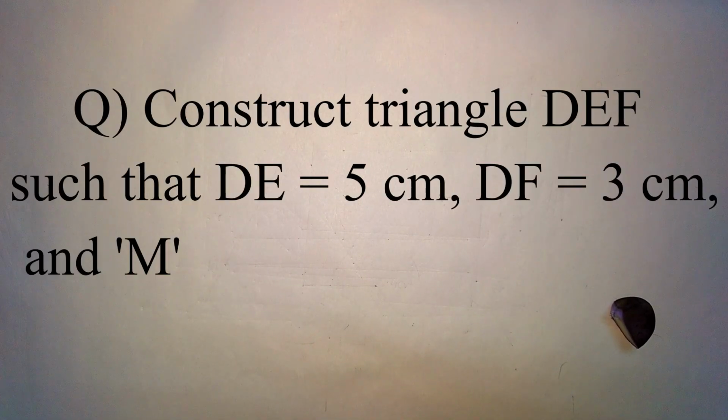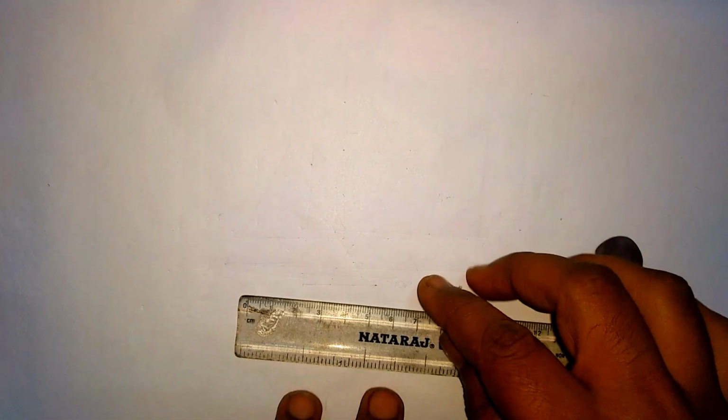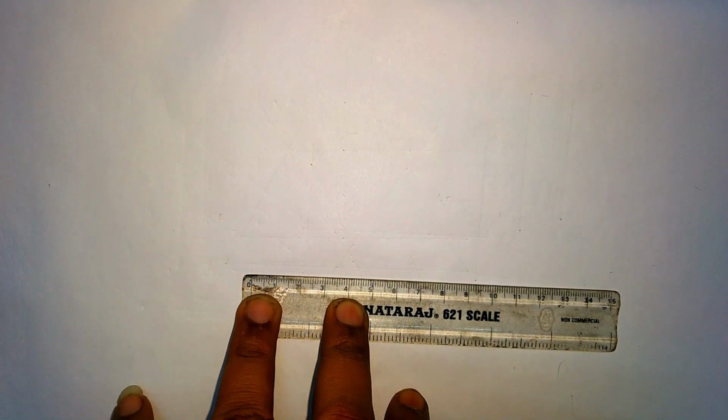Construct triangle DEF such that DE equal to 5 cm, DF is equal to 3 cm and angle EDF equal to 90 degree. So first of all, we will draw DE is equal to 5 cm.